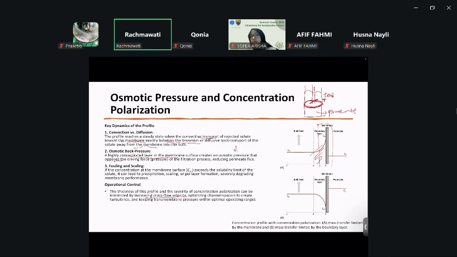For example, you have a system, you have a membrane, you have a permeate, but then suddenly it stops or suddenly the flux becomes smaller, you think, oh, what should I do to prevent this? What is the solution to this?